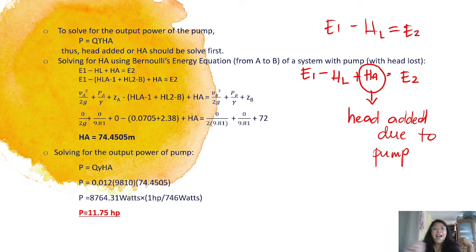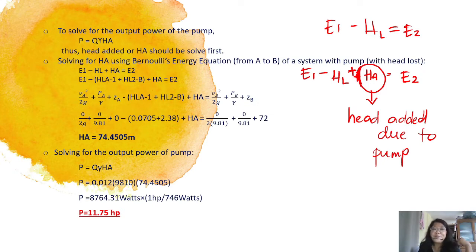There is a definite energy added to the equation since the pump serves as a pusher to generate an elevation na mai-sustain niya from point A to point B. Therefore, we assume that that is the value of HA. And that is a positive value since again, pump it up.